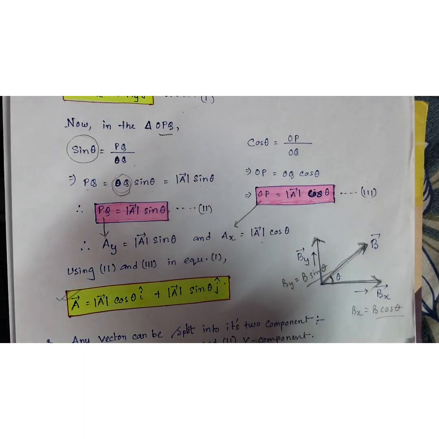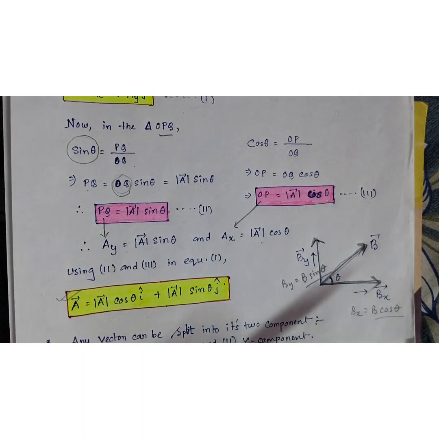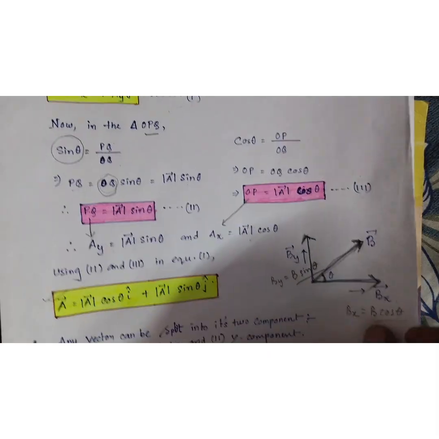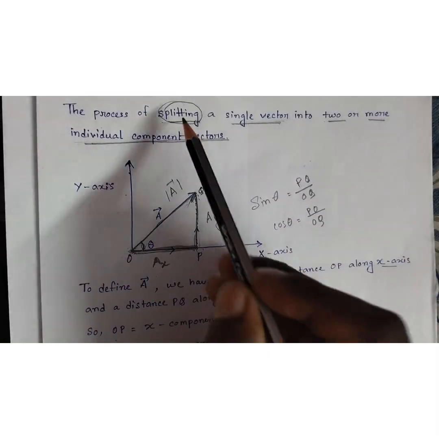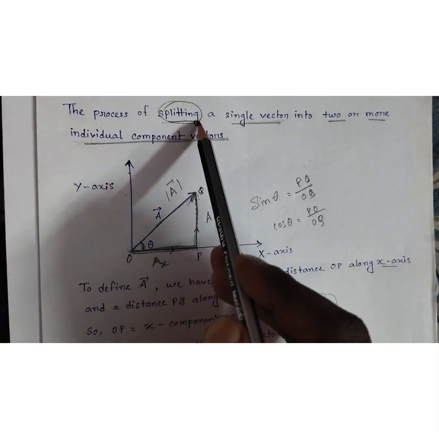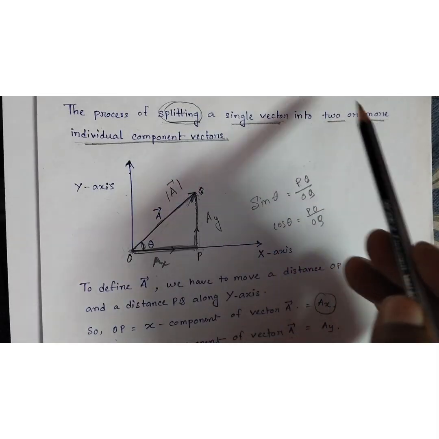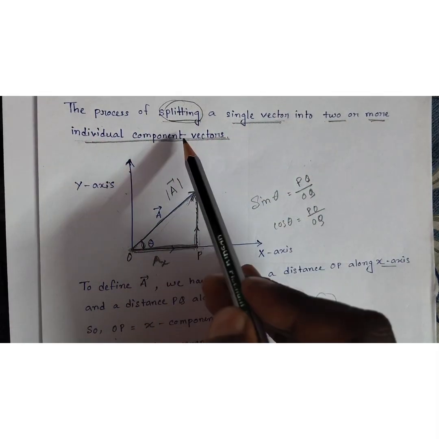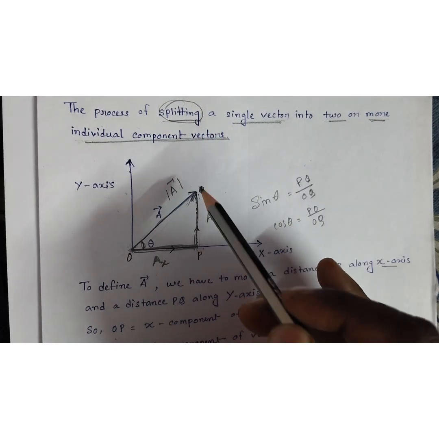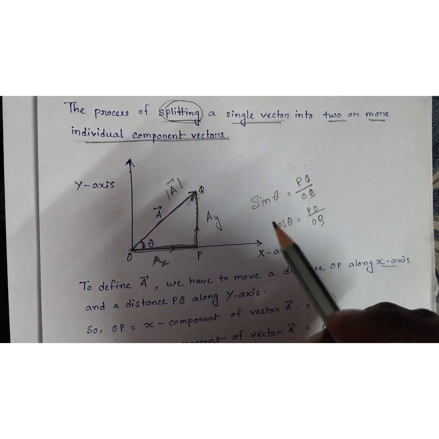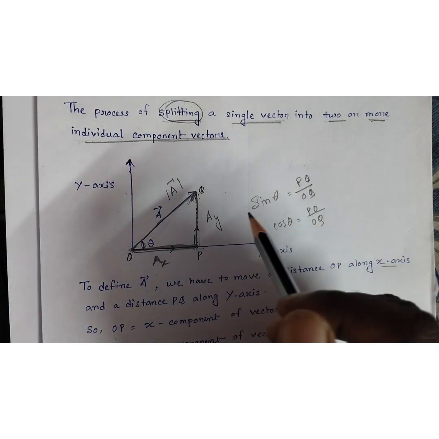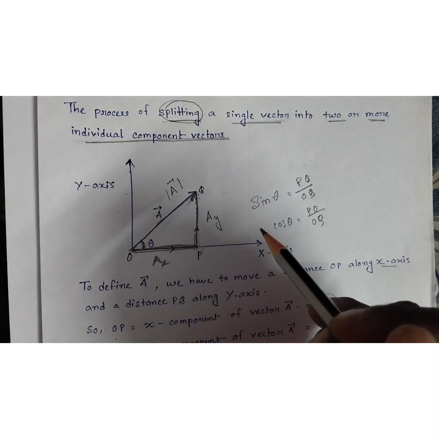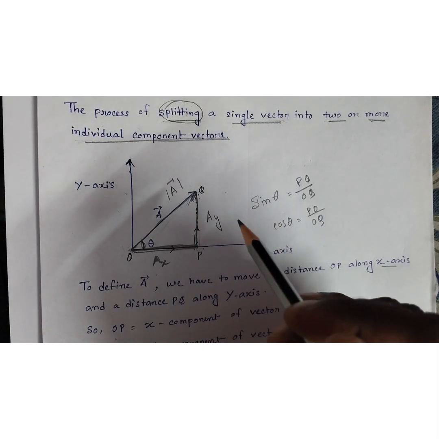Okay, so this is the resolution of vector. Once again, the definition: resolution of vector is the process of splitting a single vector into two or more individual components. More individual components means when we think about three-dimensional space, then three axes will come, so along the three axes we will get three components.